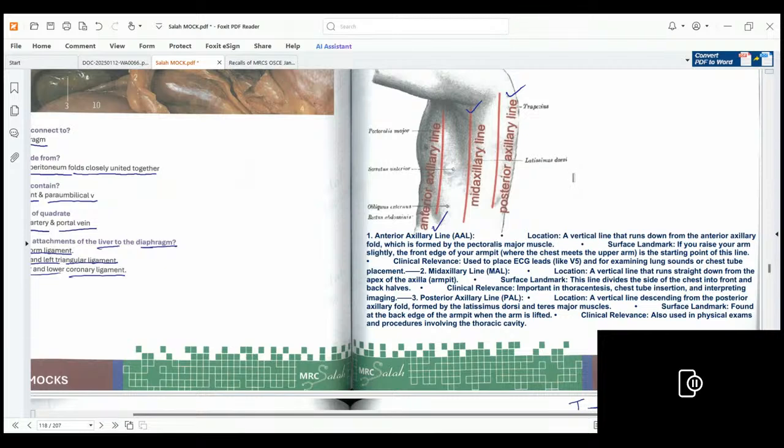is formed by the pectoralis major muscle. Can you repeat again? Anterior axillary line.